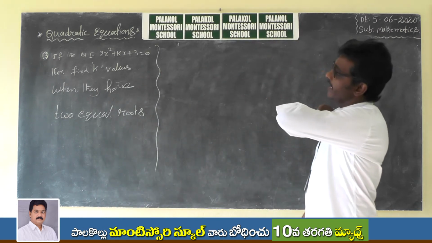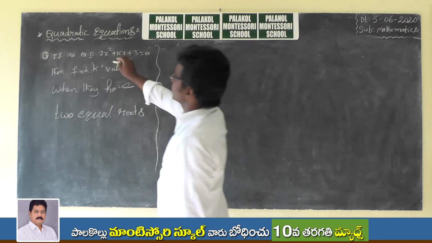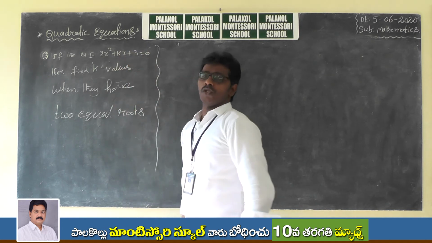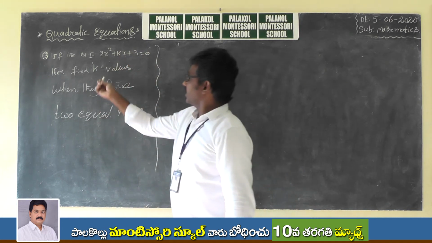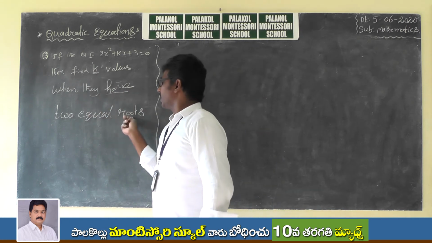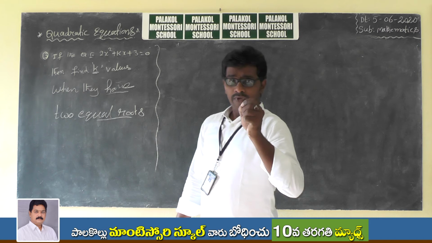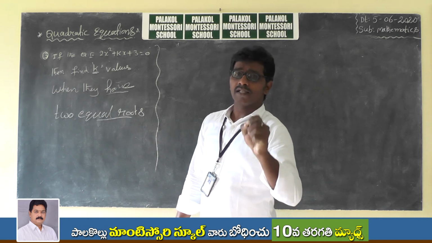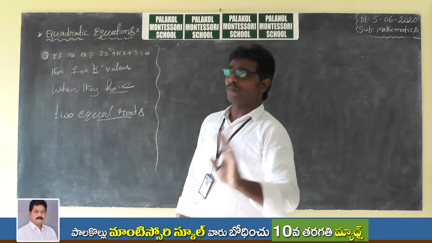Now, if a quadratic equation 2x square plus kx plus 3 is equal to 0, find the k value. When you find the k value, they have equal roots. Given equal roots means the discriminant D is equal to 0.